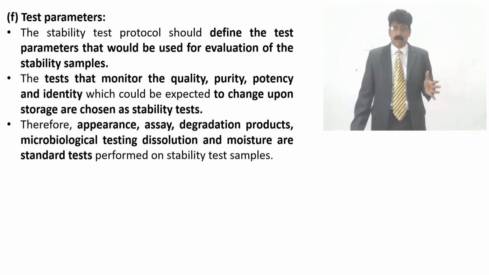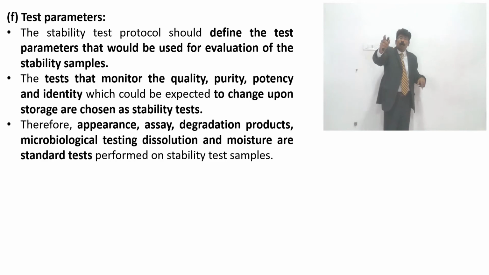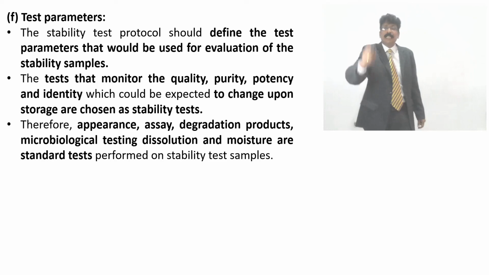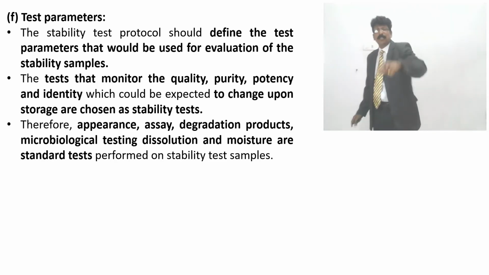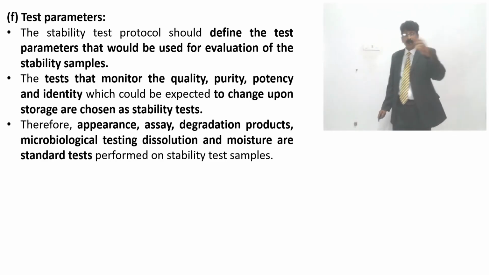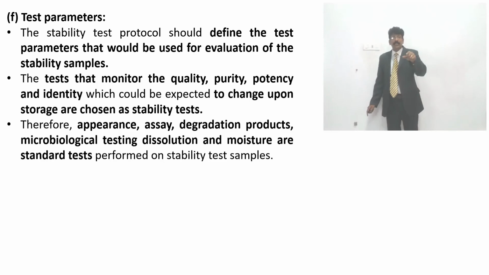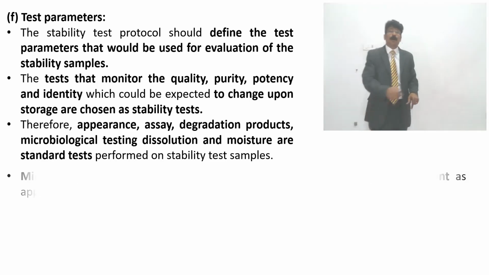When you want to say something about quality, purity, potency and identity of a product, it is necessary for you to go for assay, content of the constituents, content of the active marker, content of the active principle, appearance, degradation product, microbiological test, dissolution and moisture content. The standard tests should be performed.